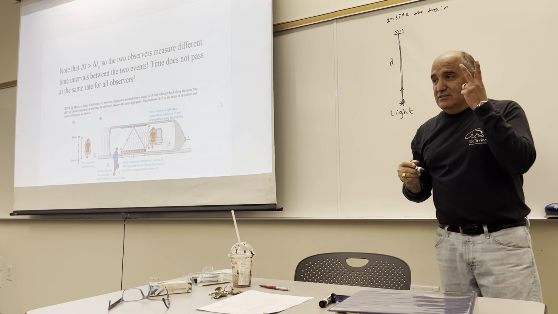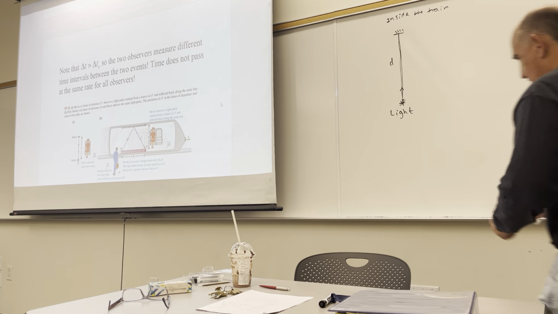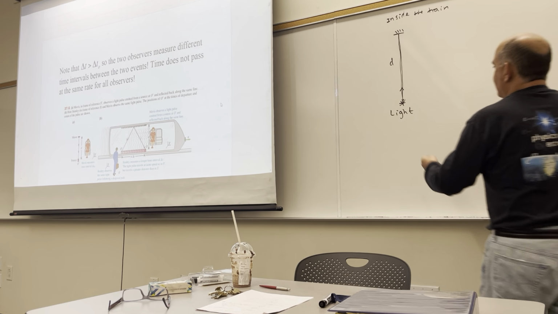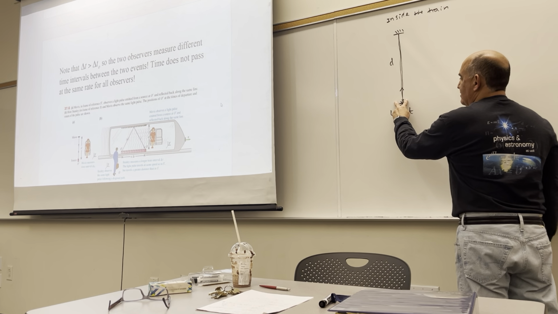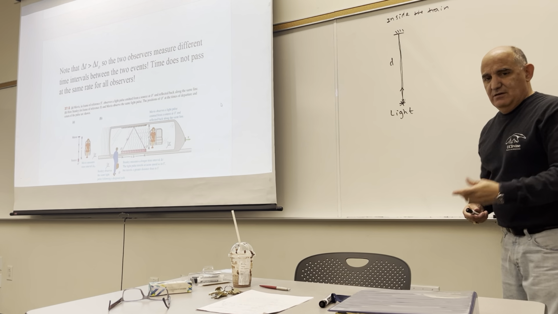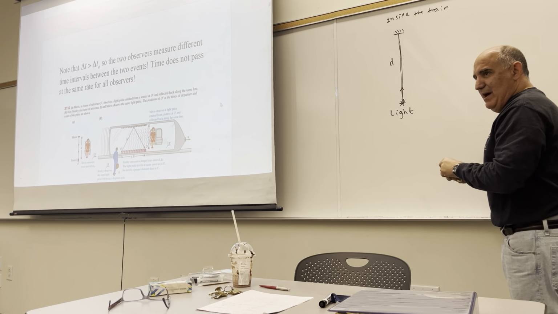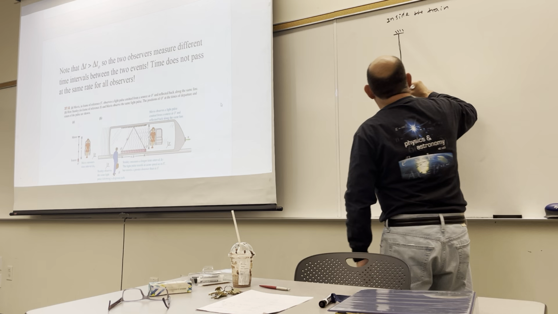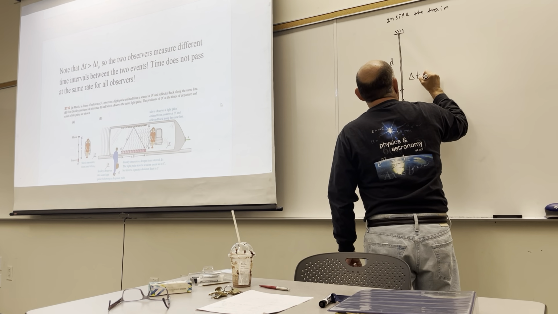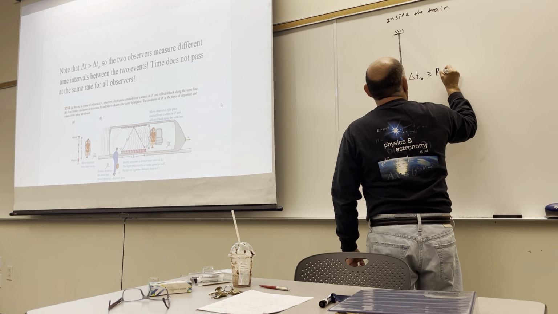So the two events are the emission of the laser light and the receiving of the laser light back over here. Those two events occur at the same point in space. Therefore, the time it takes the light to go there and back is delta t sub 0. That's the proper time.